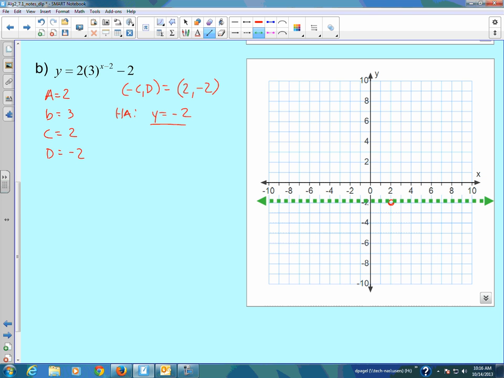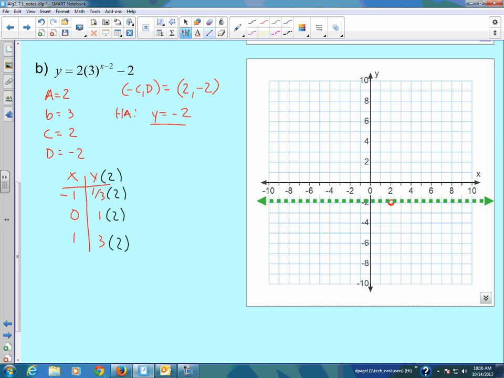Now my graph is either going to be above or below this value. So take our parent function points: 1/3, 0, 1, 1, 3, with a stretch factor of 2. So everything gets multiplied by 2: 2/3, 2, 6.